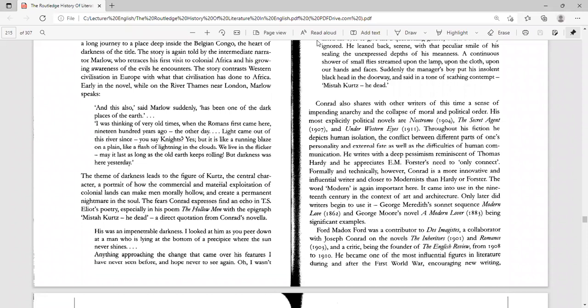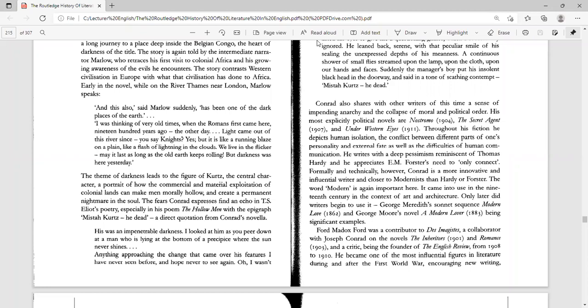The theme of darkness leads to the figure of Kurtz, the central character, a portrait of how the commercial and material exploitation of colonial lands can make men morally hollow and can create a permanent nightmare in the soul.